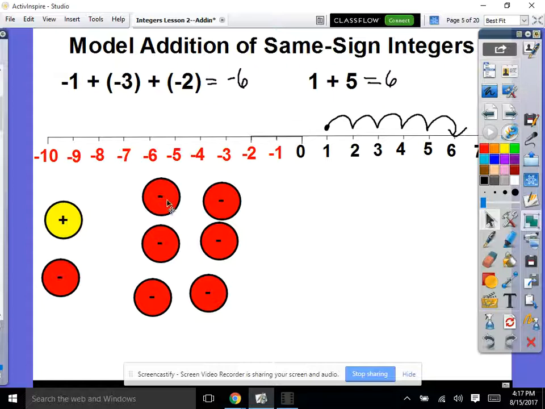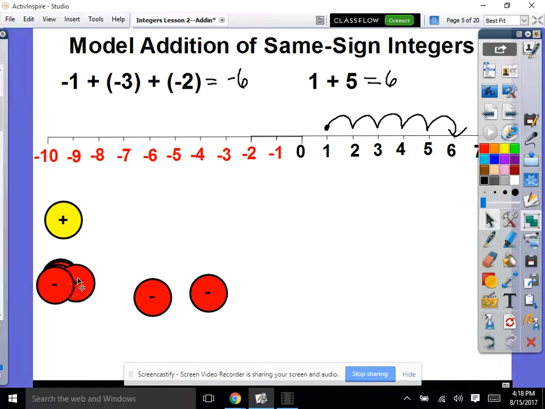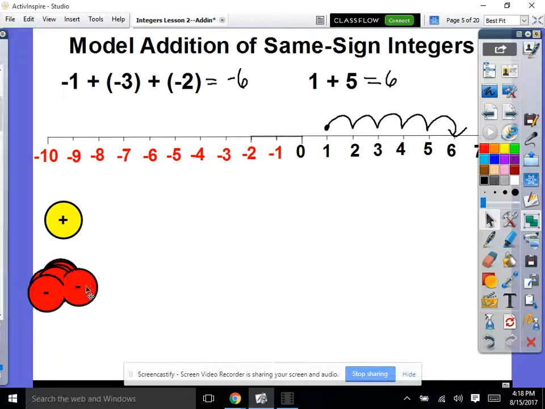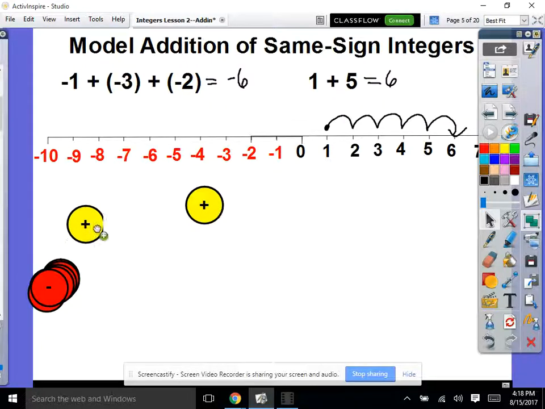And I'm going to drag these back in so we're not confused. And 1 is positive, so I would drag out 1 positive counter, and then I'm going to add 5 more. That didn't work good, sorry.